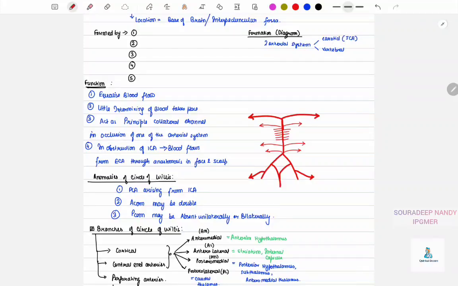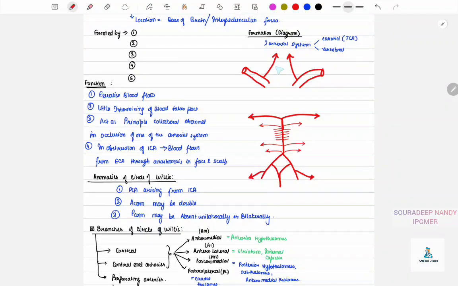Now coming to the carotid arterial system. The carotid arterial system is formed by the internal carotid artery, which enters the cranial cavity. It has several parts, which will be discussed in the head and neck question. It enters through the carotid canal and forms the circle of Willis by giving its anterior cerebral artery branch. The left internal carotid artery gives the left anterior cerebral artery, and the right internal carotid artery gives the right anterior cerebral artery.